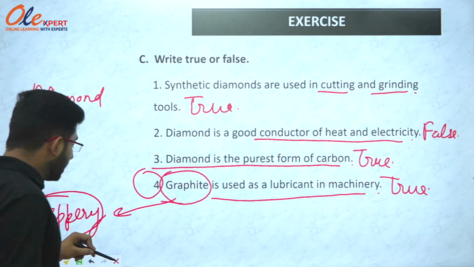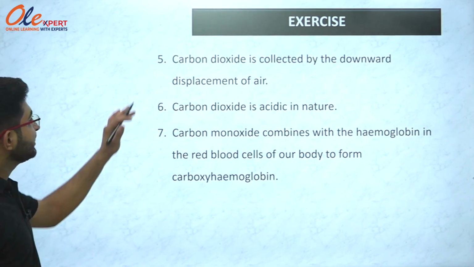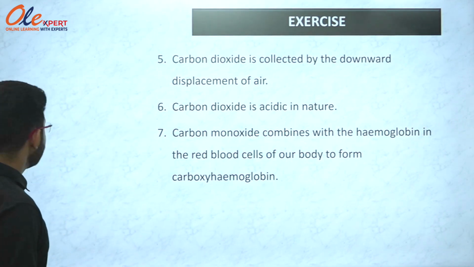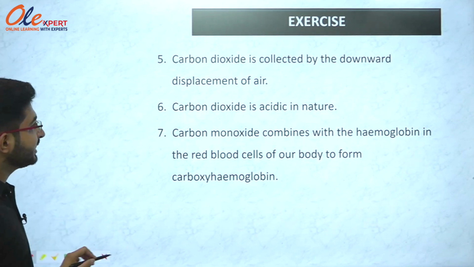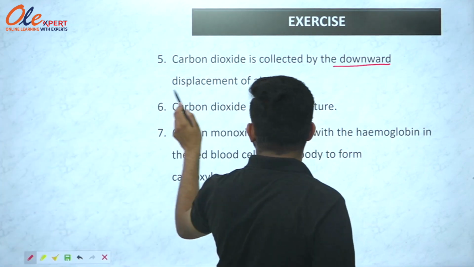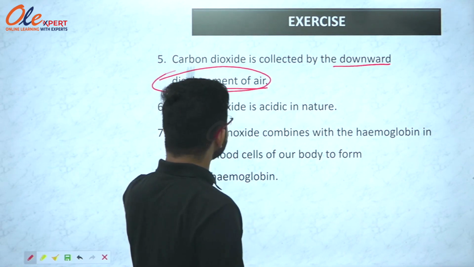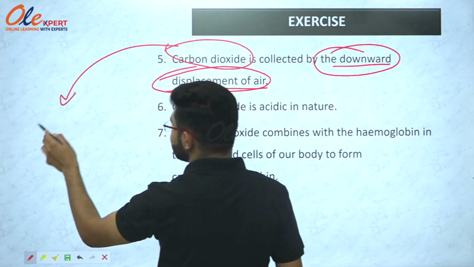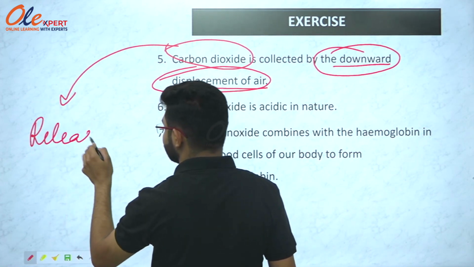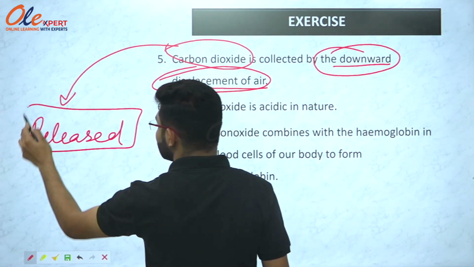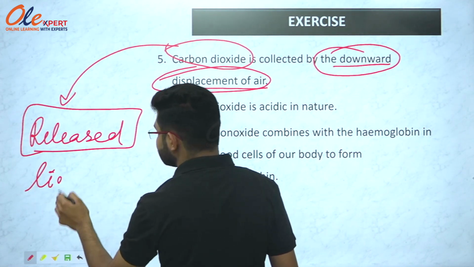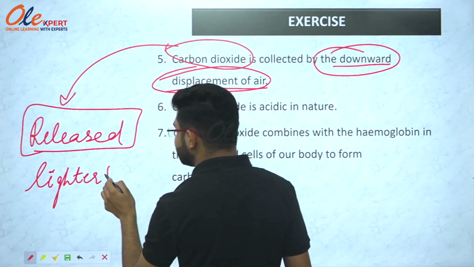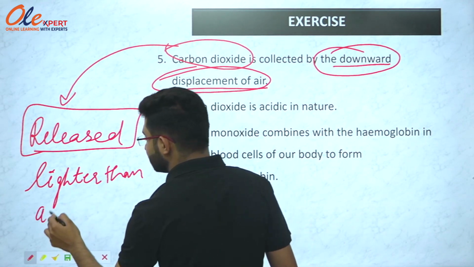Now the next statement on your screen, the fifth statement, says that carbon dioxide is collected by the downward displacement of air. But we have studied that when carbon dioxide is released, we know that it is heavier than air.